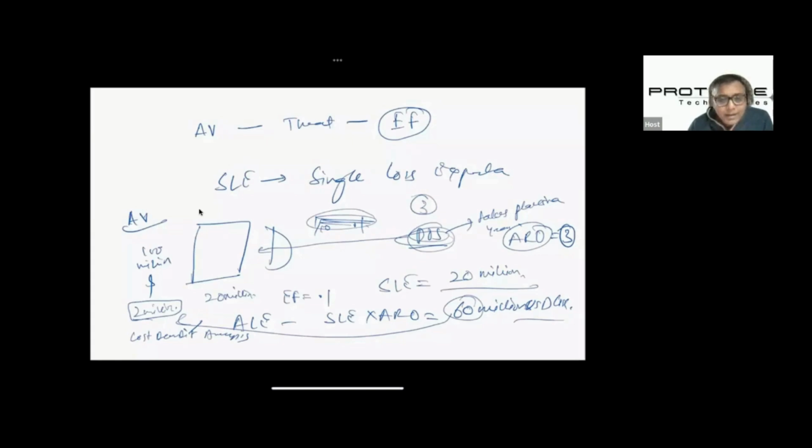So basically, I told you my exposure factor was 0.1, and I would like to reduce this exposure factor to 0.001. Now all you need to do is reverse engineering, and you need to put the ALE. Now you know that ALE is equal to 2 million. Earlier ALE was 60 million. Now you need ALE equal to 2 million. That means you have to put a control which saves you $58 million.